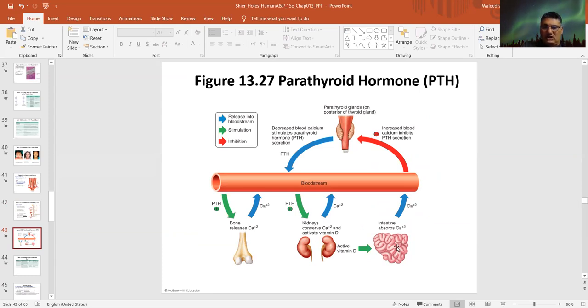You increase absorption of the calcium from the intestine, under the effect of active vitamin D. So vitamin D, we actually make it in the skin and we send it to the liver to become active vitamin D. I'm sorry, not the liver, the kidney. You send it to the kidney to make active vitamin D that's going to increase absorption of calcium.